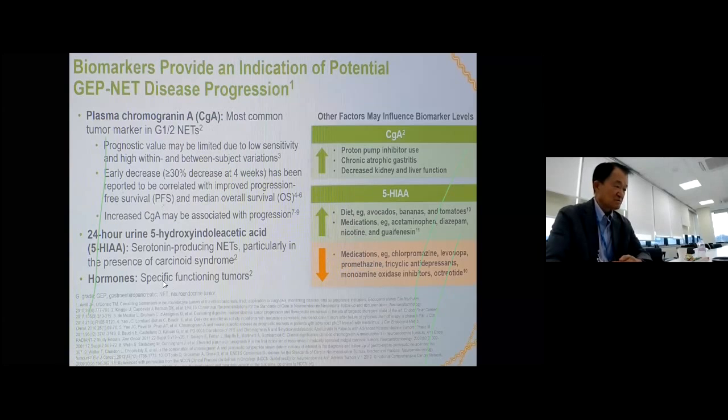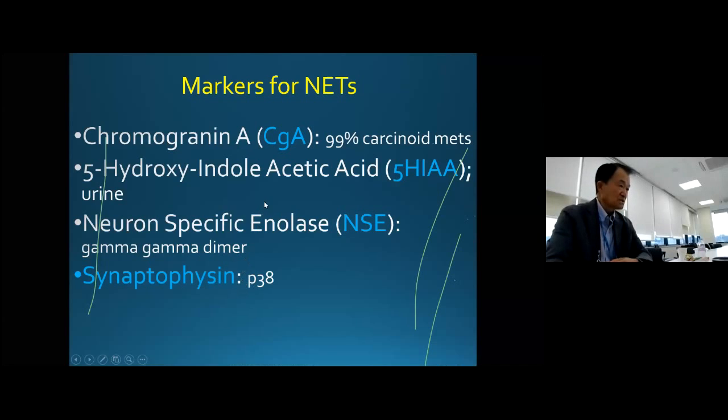And we usually obtain 5-HIAA, hydroxyindole acetic acid, in clinics when you suspect carcinoid. Chromogranin A is elevated in 99% of small bowel carcinoid.